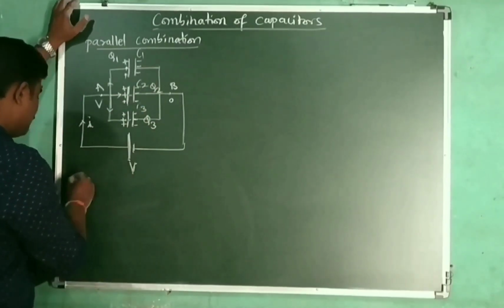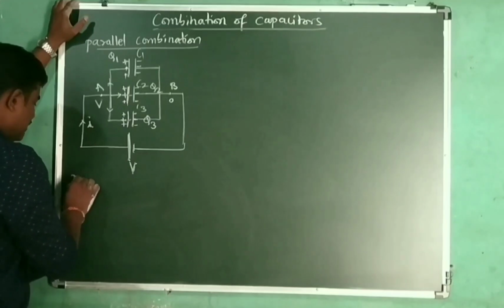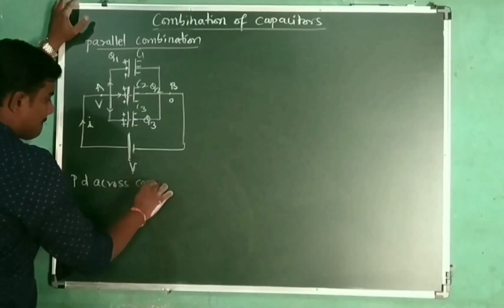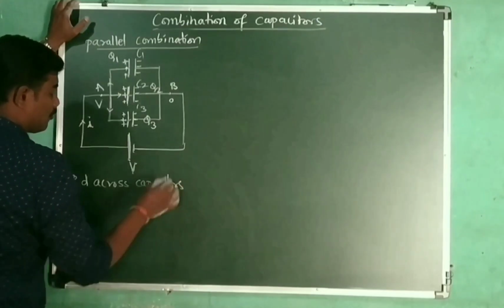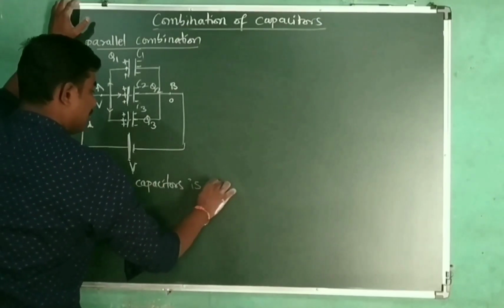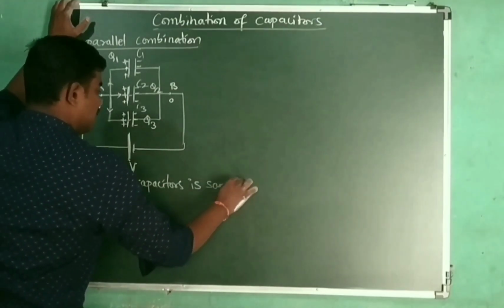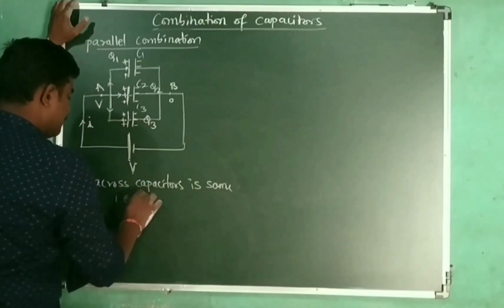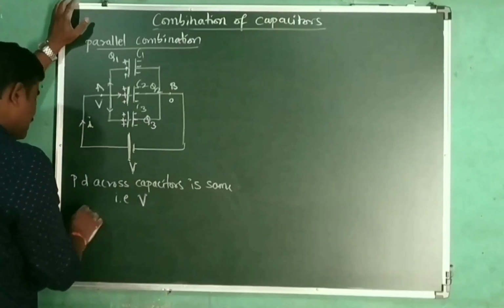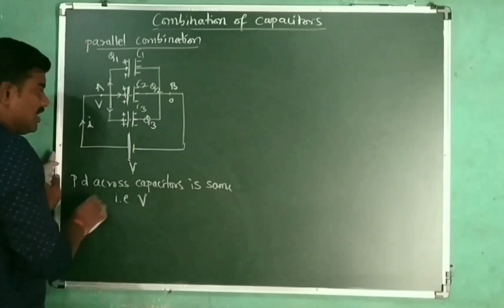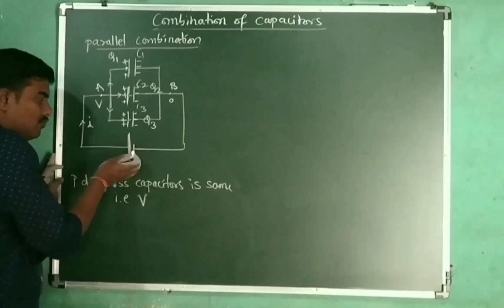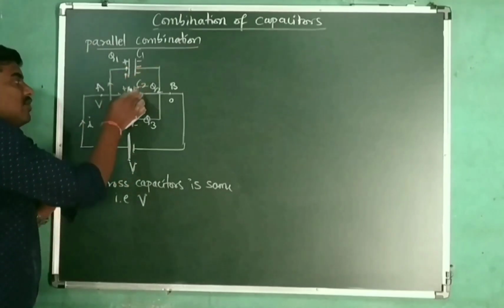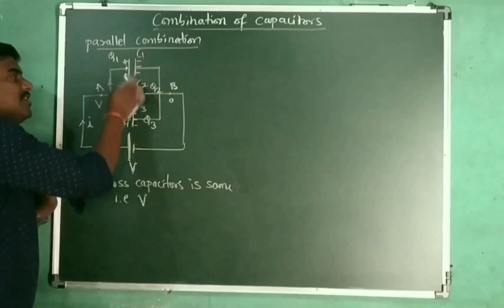So remember this point, potential difference across capacitors is the same, and that is V. And the charge, see here, the number of charges that flow from this battery must be equal to the quantity of charges located on each capacitor.